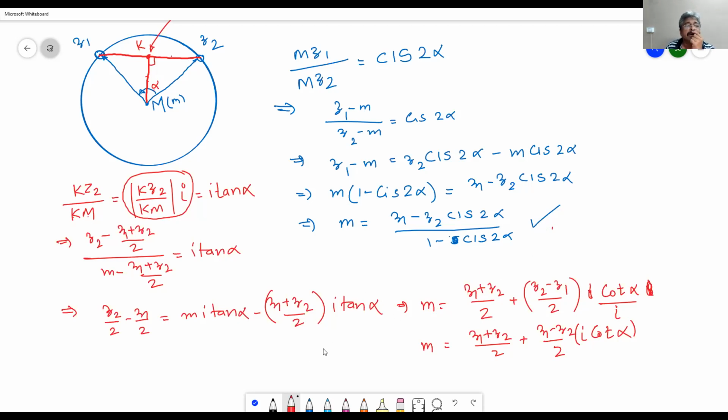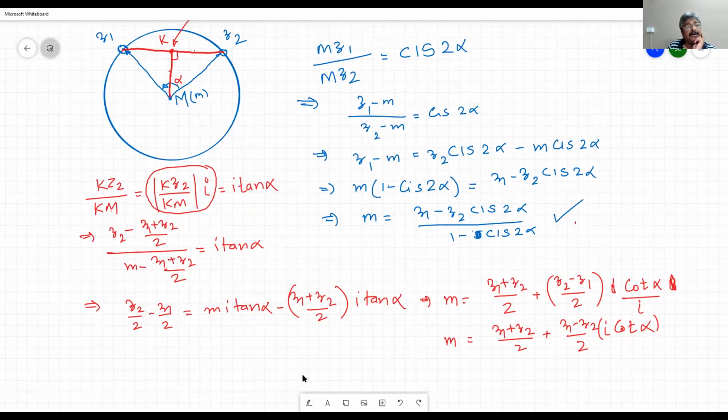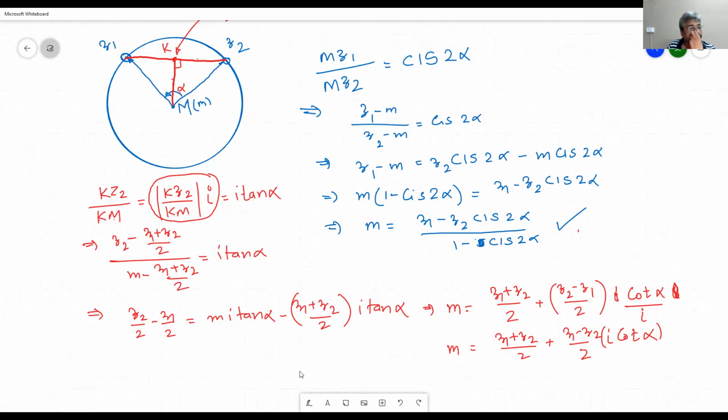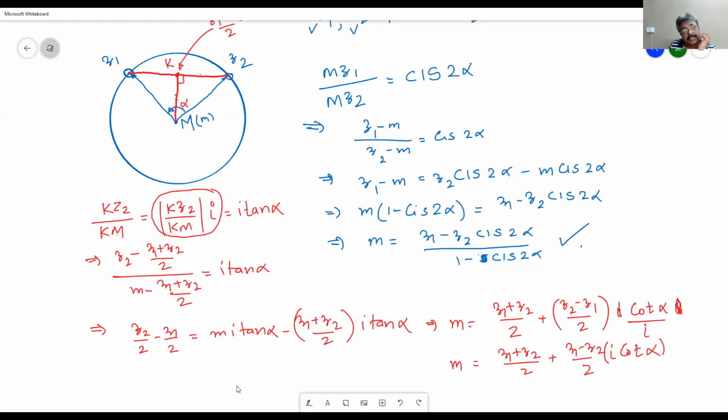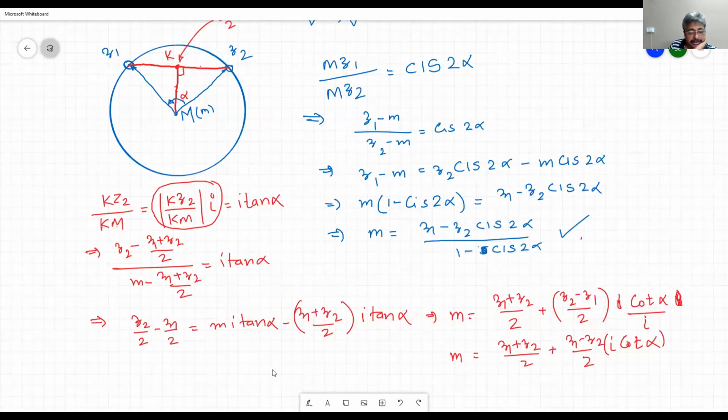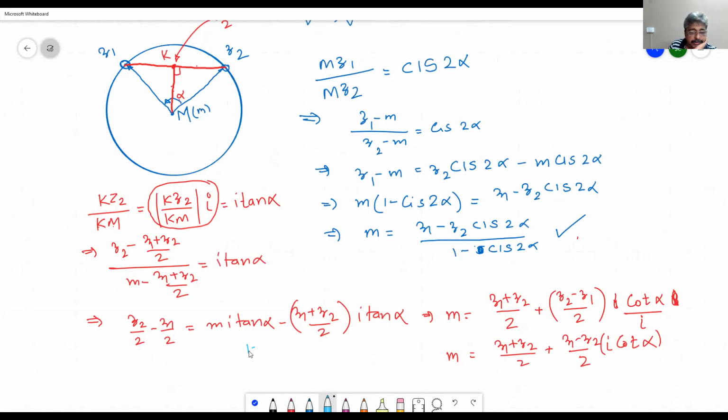Now let us find the radius. How do we find the radius? We know this distance KZ2. KZ2 upon r is equal to sin alpha. Therefore, r is equal to KZ2 upon sin alpha.